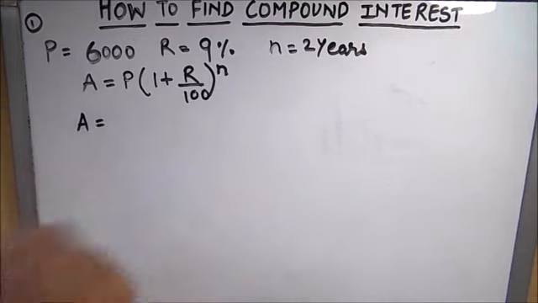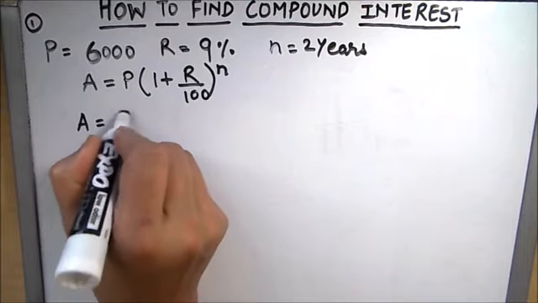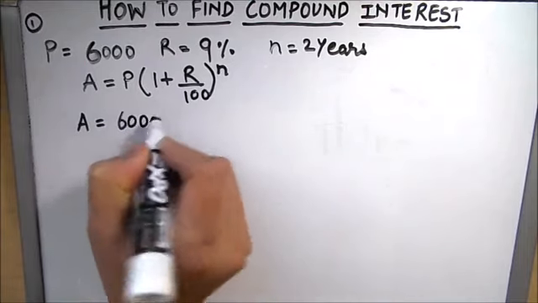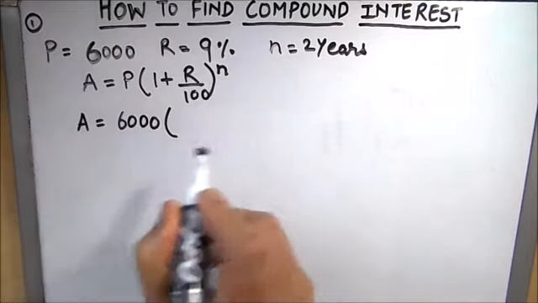After finding the amount, we can find the compound interest using the formula compound interest is equal to amount minus principal. Our principal is 6,000 rupees. Now we'll put the values in the formula.